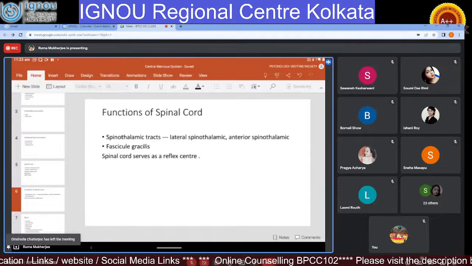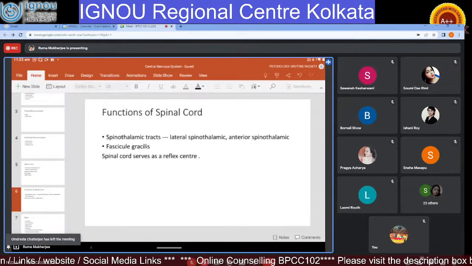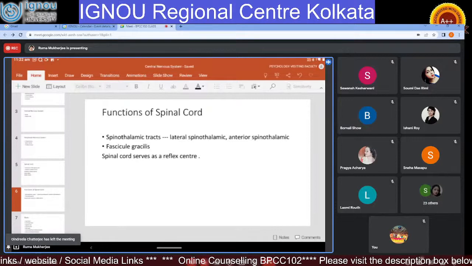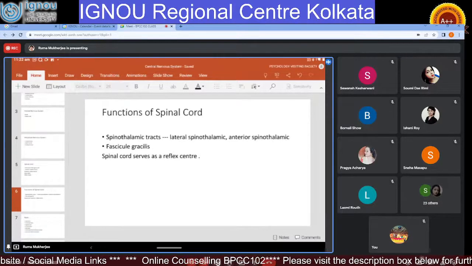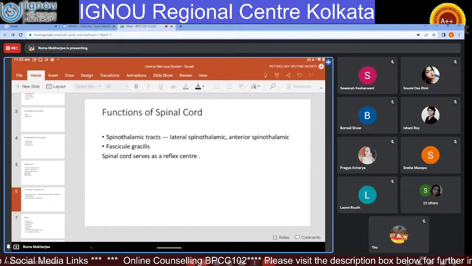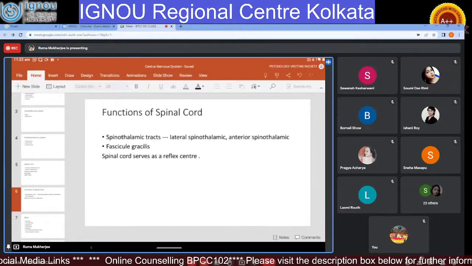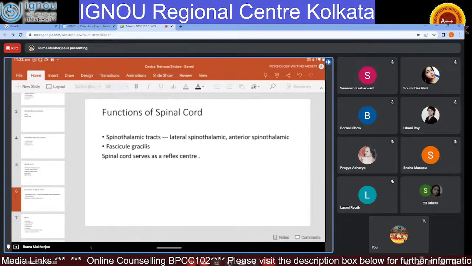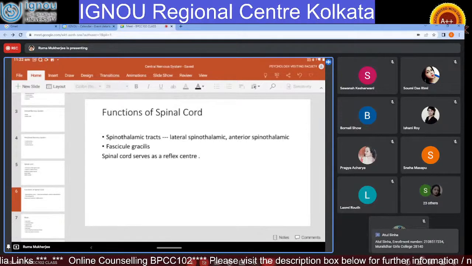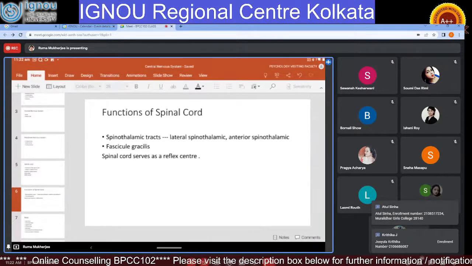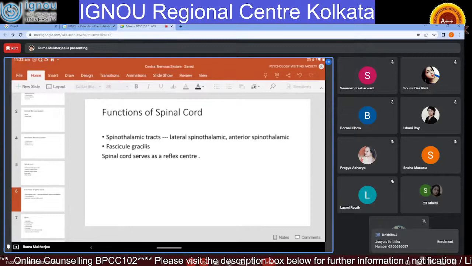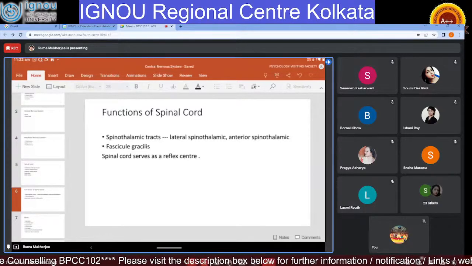So these are all about the functions of the individual tracts present in the spinal cord, and thus the main important role of the spinal cord is as an integrator. It is the integrator center, being responsible for gait, posture, reflexes, and reaction to some noxious stimuli. Now, what is this noxious stimuli? Do you know?